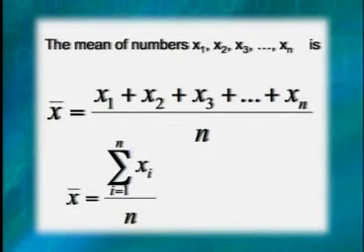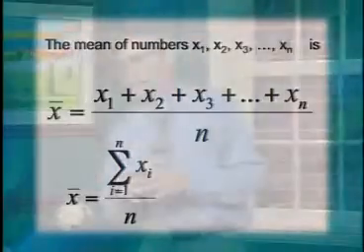It means add up. i going from 1 to n means that you take this little letter i and make it a 1, then a 2, then a 3, all the way up to n. So for the salaries, it would be i going from 1 to 100 of x sub i, and that would be shorthand for this equation right here. That's just a little notational thing, and don't worry about it.